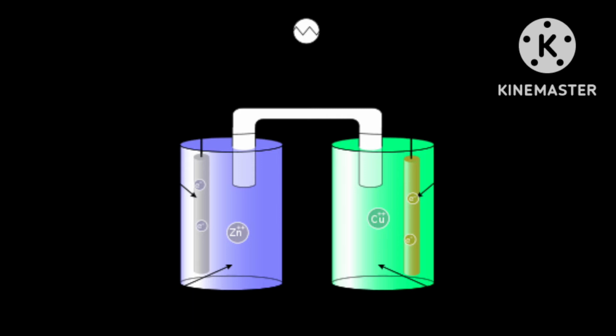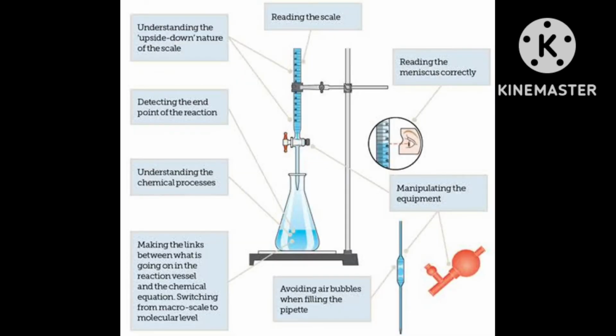This method relies on the fact that iodine itself gives an intense blue color with starch. The iodine formed during the reaction will react with the starch, if starch is there, and its color is blue.